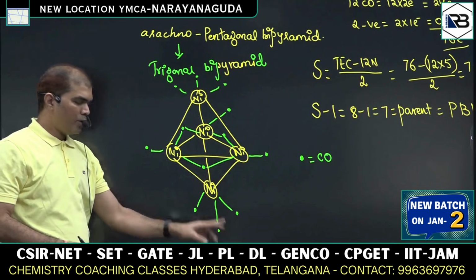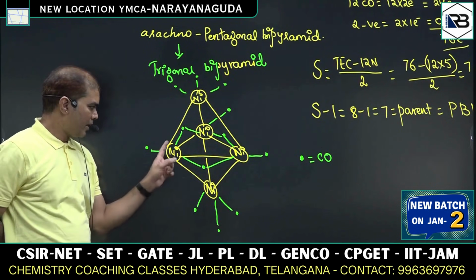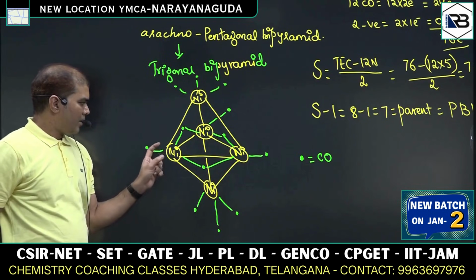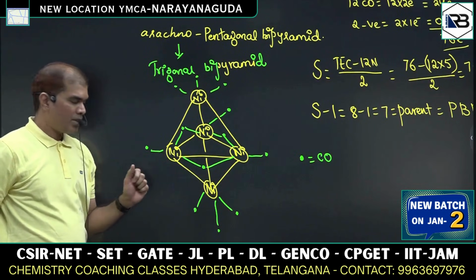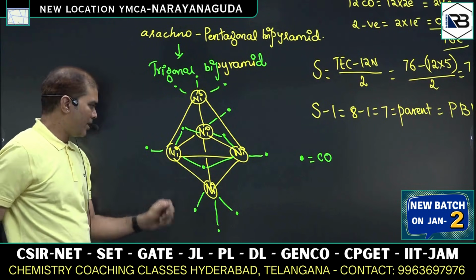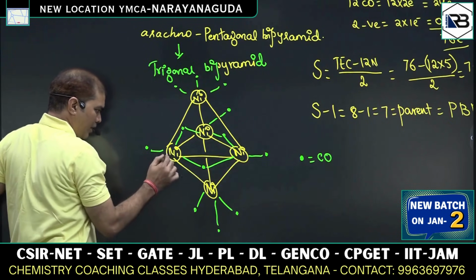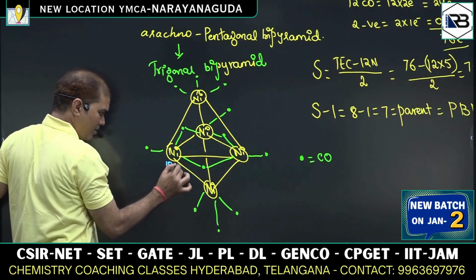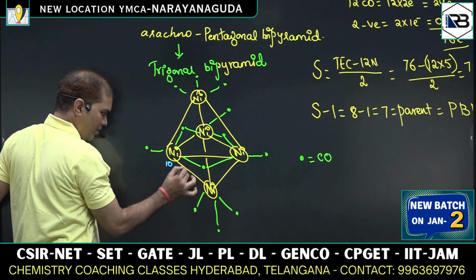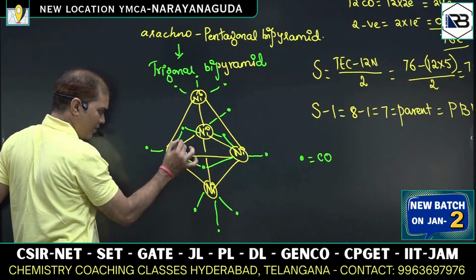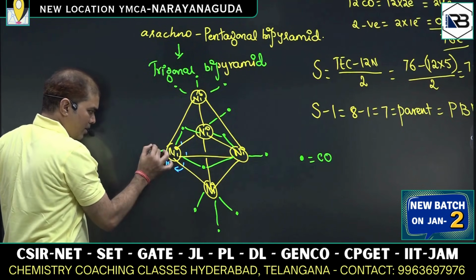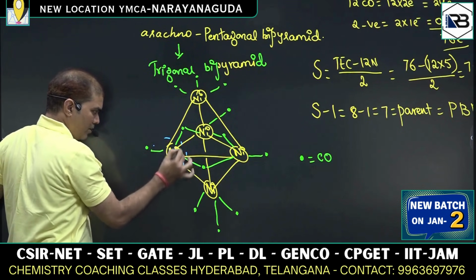But if you carefully look at this structure, if I just take an equatorial nickel, is it obeying the 18 electron rule or not? Let us check. Suppose this nickel is having 10 electrons, metal-metal bond 1 electron, so this is 11, 12, 13. This is 14, 15, 16.